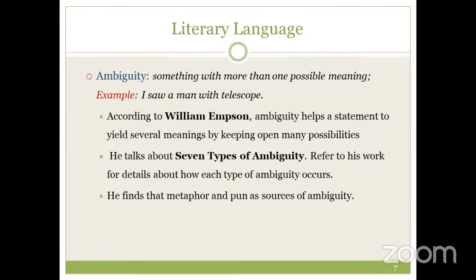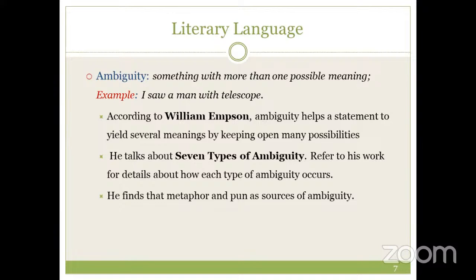Ambiguity is another, something with more than one possible meaning. This kind of question is asked: differentiate between scientific language and everyday language, or write about ambiguity, metaphor and all those things.